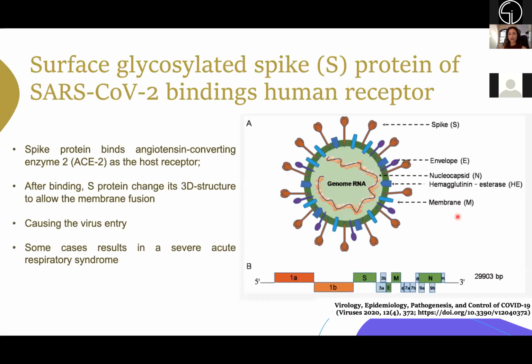So here is a cartoon representing the virus and the proteins located in it. Here in green is the membrane of the virus, because this virus has a membrane. And some structural proteins are shown here, like the spike protein, the envelope protein, and some intracellular proteins like the nucleocapsid that interacts with the RNA of the virus.